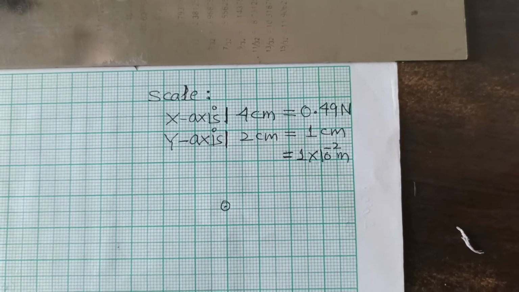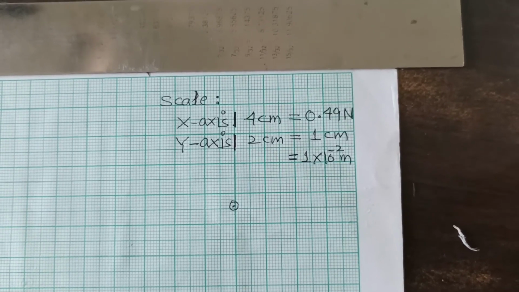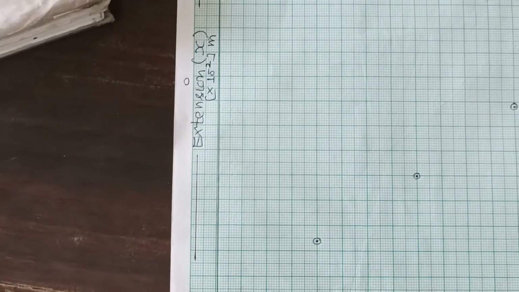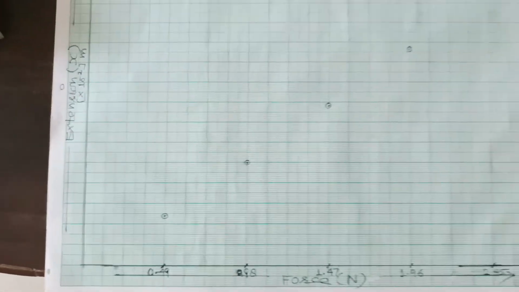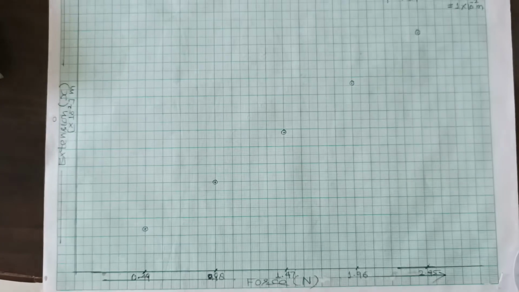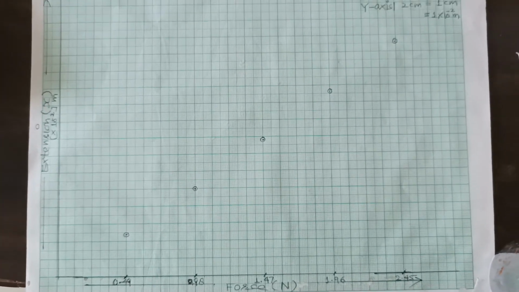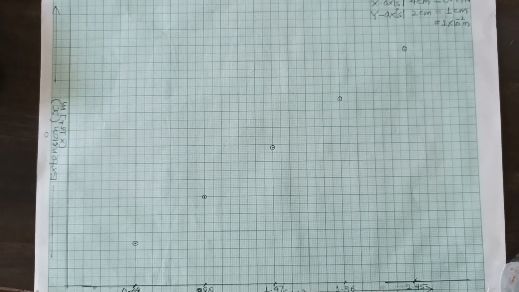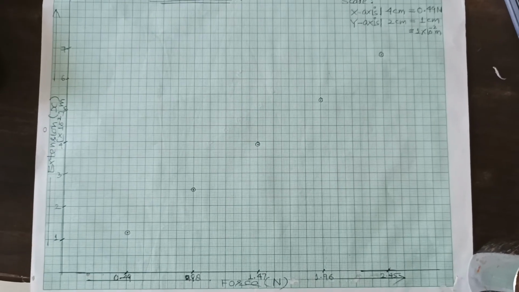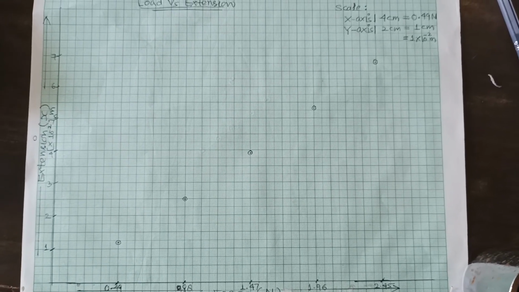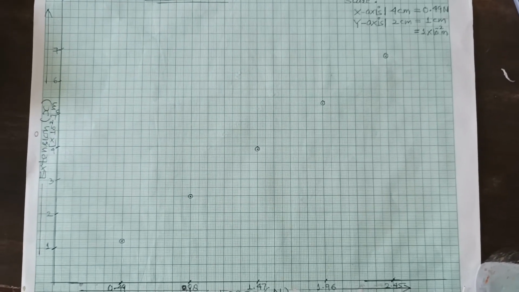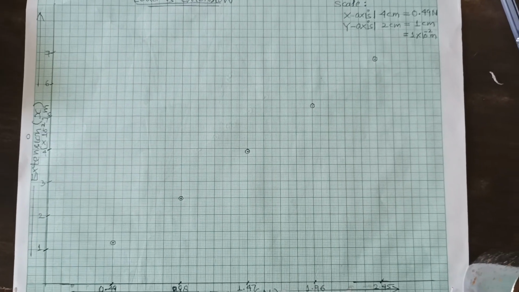So here 2 centimeter is taken as 1 centimeter, and on the extension line, this is the y-axis, you can see that the points are already plotted. On the y-axis the standard points are marked, that is 1, 2, 3, 4, 5, 6, 7 centimeters.